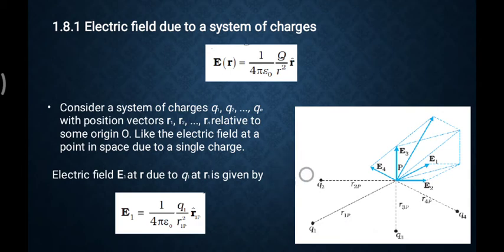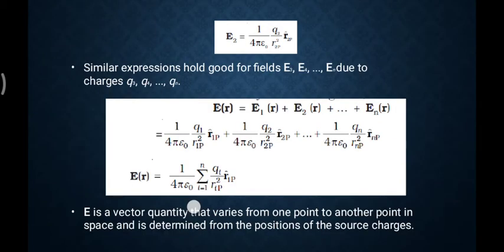Likewise r2p, r3p, r4p, for q2, q3, q4. This is the distance square, and r1p cap is the direction along which the field acts. You can write these expressions for q2, q3, q4 and so on up to qn. The similar expressions hold for E1, E2 and so on.